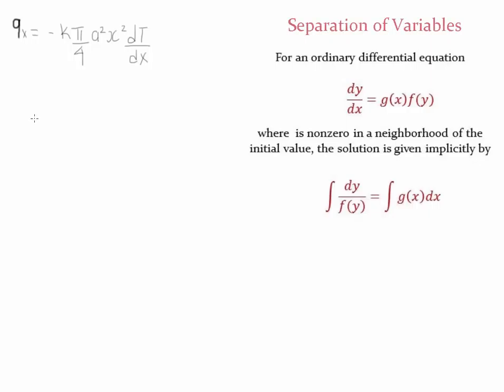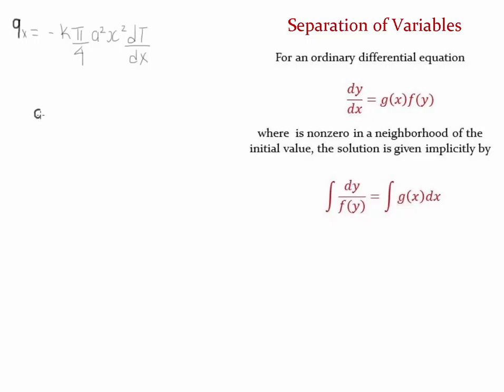The next step is to be able to get the temperature distribution as a function of x. Therefore, we will be solving this derivative, dT/dx. The method that we will be using is separation of variables. We're going to keep all the terms that are a function of x to the left side of the equal sign, and all the terms that are a function of T, or temperature, to the right of the equal sign.